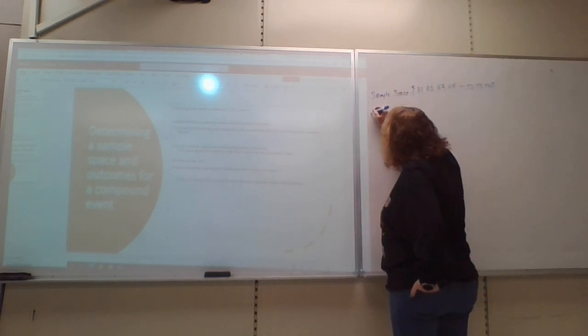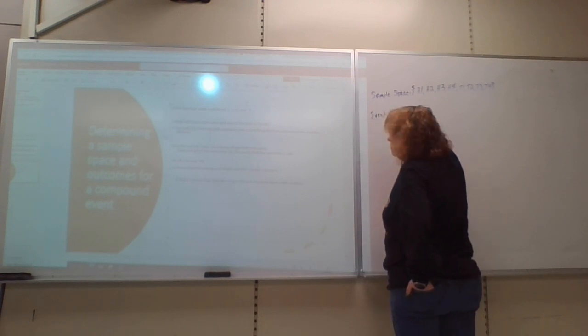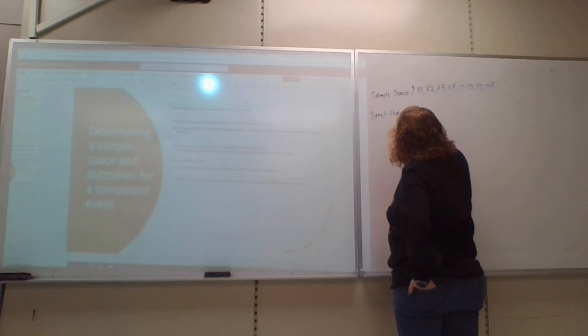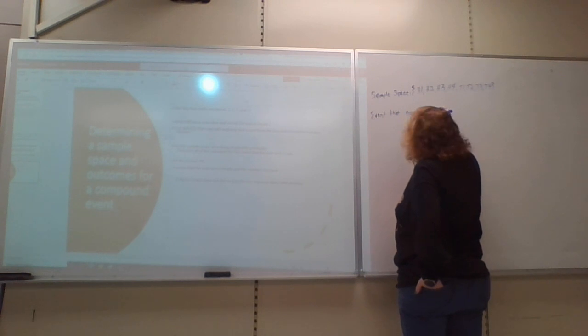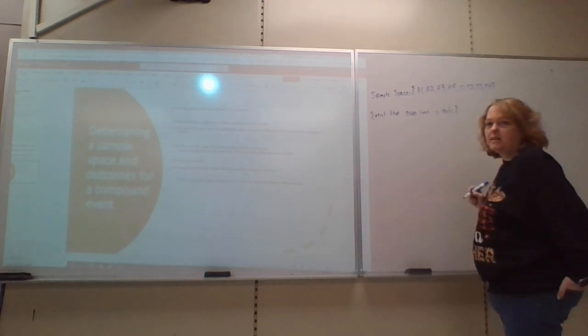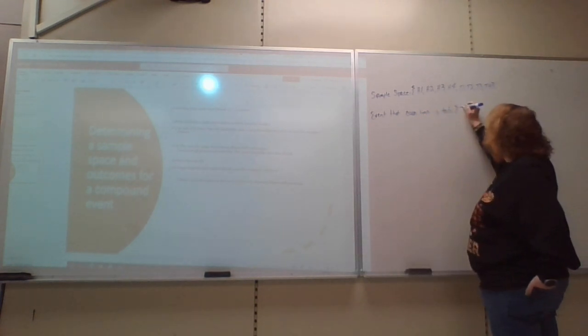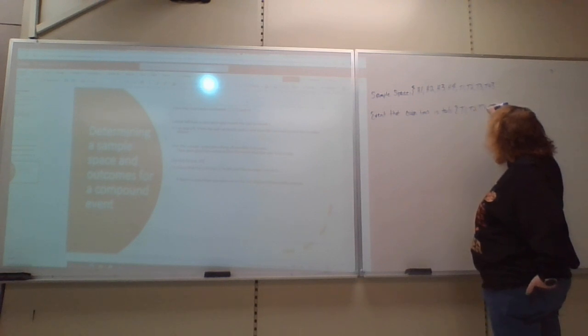So the event that the coin toss is tails, put your squiggly brackets in there. So we're going to put T1, T2, T3, and T4.